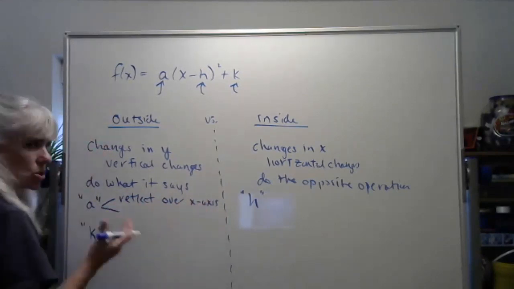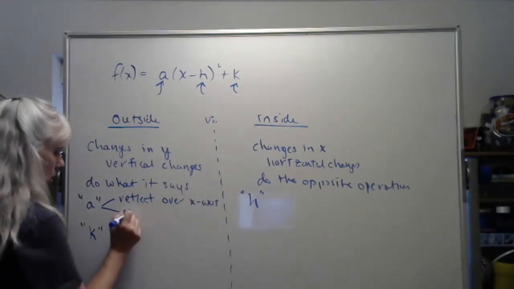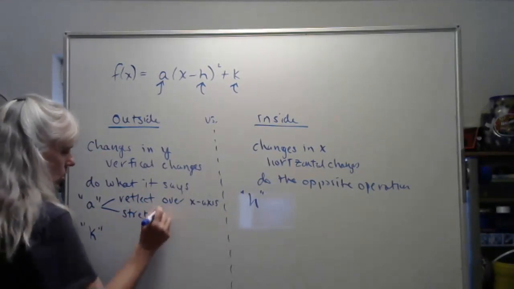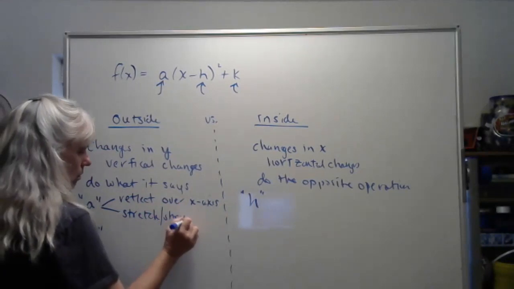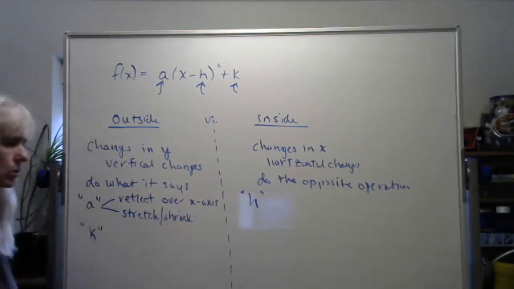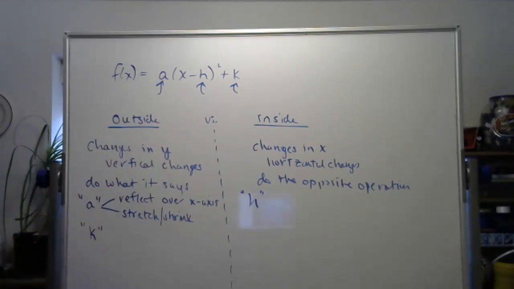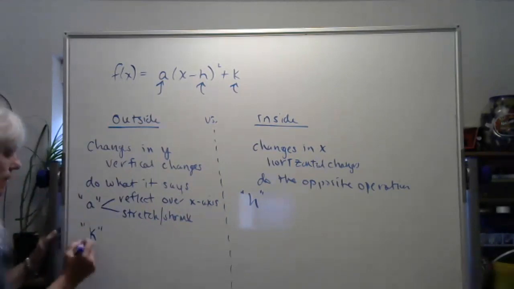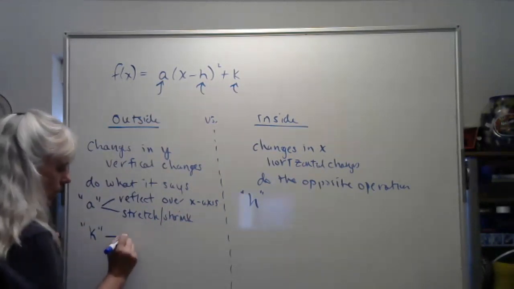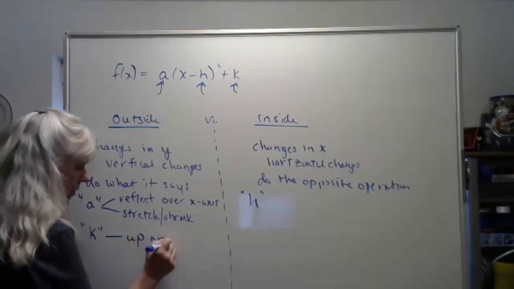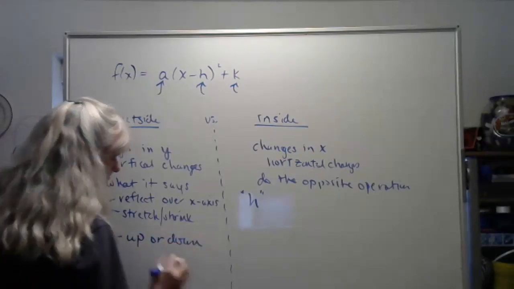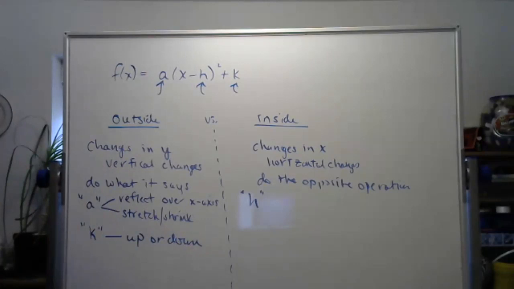It also is a stretch or a shrink, so stretch, shrink in the vertical direction. So it could be a reflection if it's negative, and it also tells me whether I'm stretching it or shrinking it. And that's what that a that's out in front can tell us. It tells us two different things. Okay, the k at the end is simply either up or down.